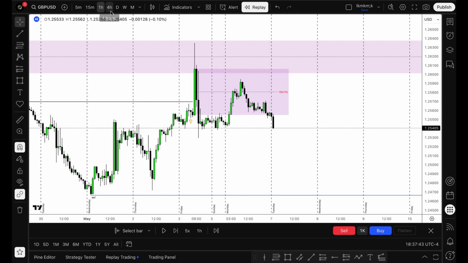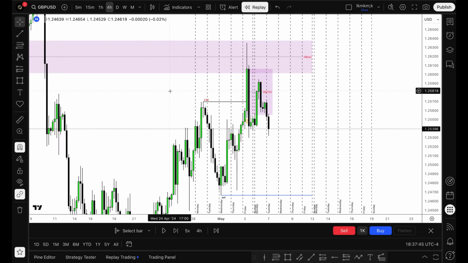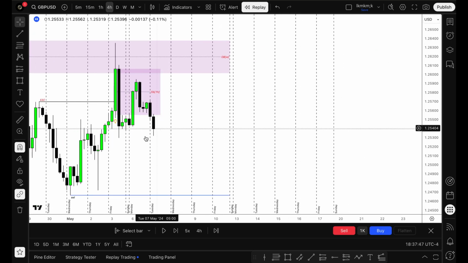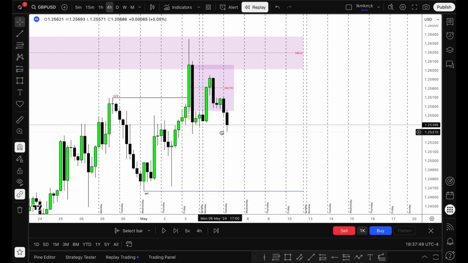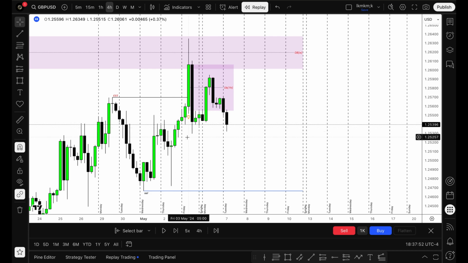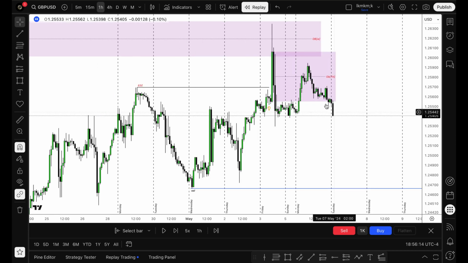I wouldn't have taken short positions here because if you go on a 4 hour time frame, the computer's starting to lag. Although we got this market structure shift and a displacement to the downside, I wouldn't have taken this trade here simply because one, it's the end of the day.